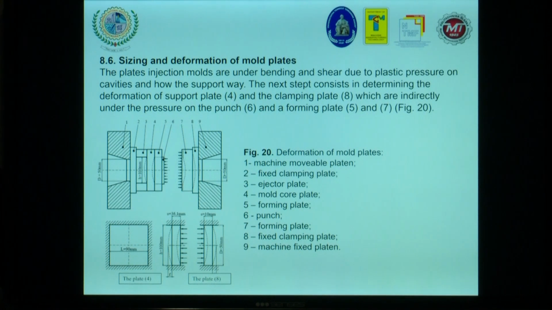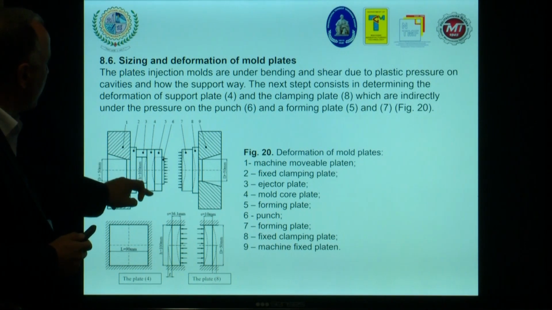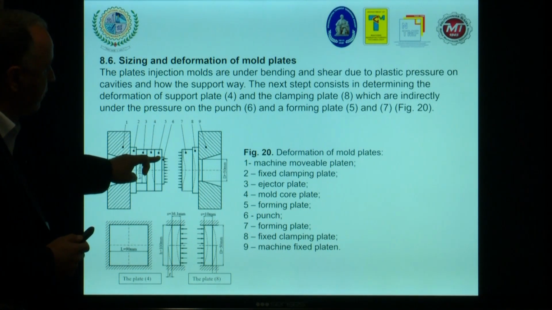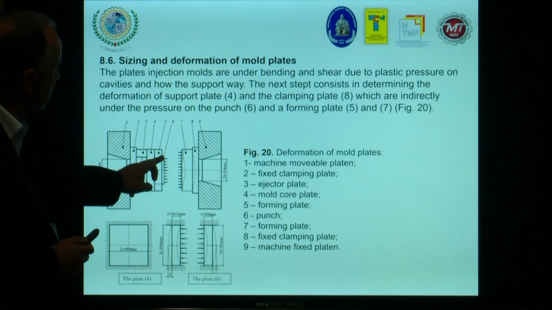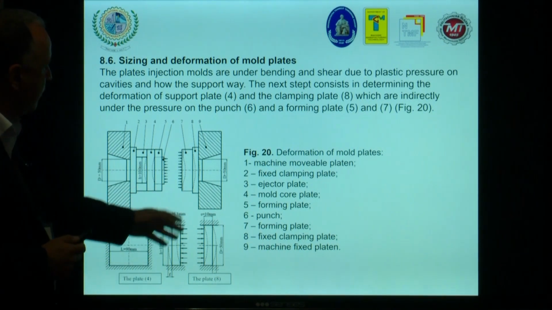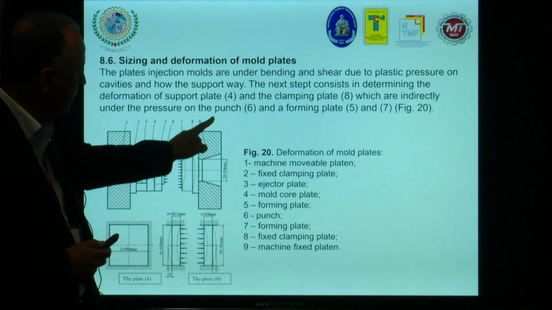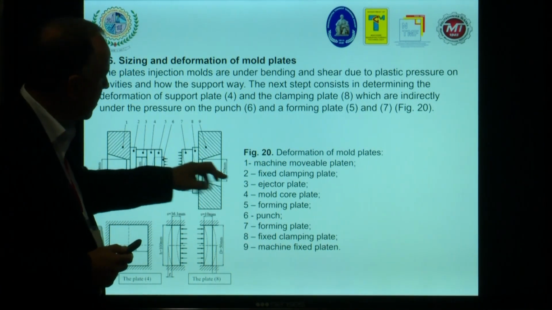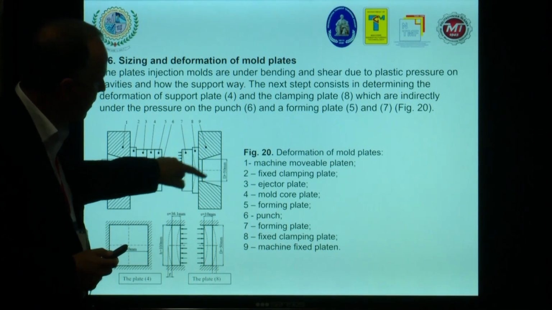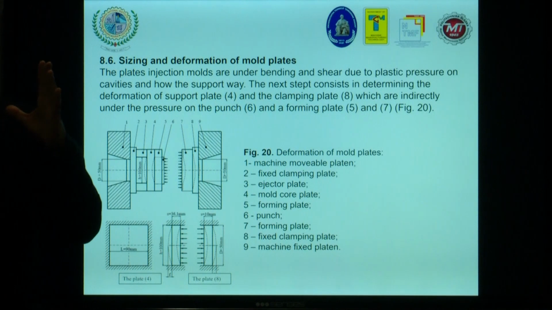Mold ejector plate, mold core plate, number 4, forming plates, number 5, 6, punches, forming plate, number 6, fixed clamping force here, and the last part is the machine fixed platen. And of course, you can see here we have a taper shape, because over there will come the nozzle of the cylinder.